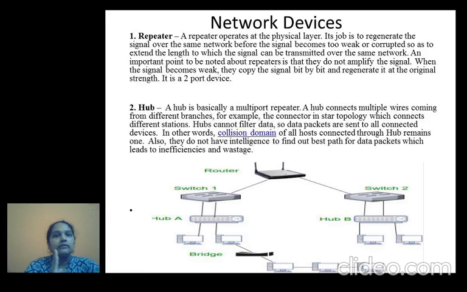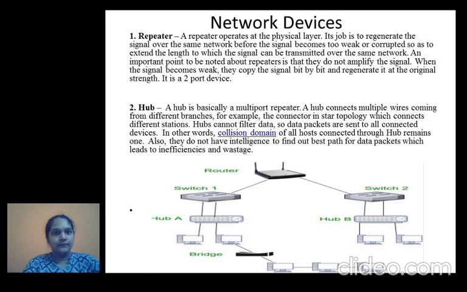They do not amplify the signal, they only regenerate the signal. When the signal becomes weak, they copy the signal bit by bit and regenerate it at its original strength.